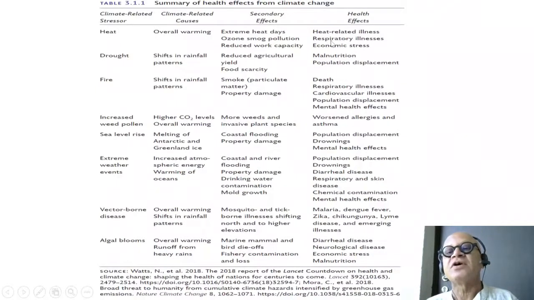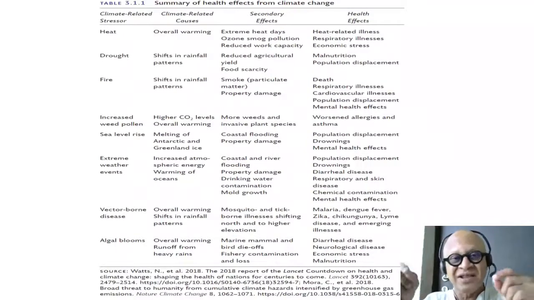Okay, the health effects: heat-related illness, respiratory illness, economic stress, malnutrition, population displacement, deaths, mental health effects, worsened allergies and asthma, drownings, diarrheal diseases, skin diseases, chemical contamination of food and water, fish contaminated, for example, malaria, dengue fever, Zika, Chikungunya, Lyme disease, and other emerging diseases like COVID, not directly related yet to climate change, but indirectly related to the potentially increased contact between wildlife and humans, like bats and humans, and then mobility, making it easier for it to spread fast across the globe.